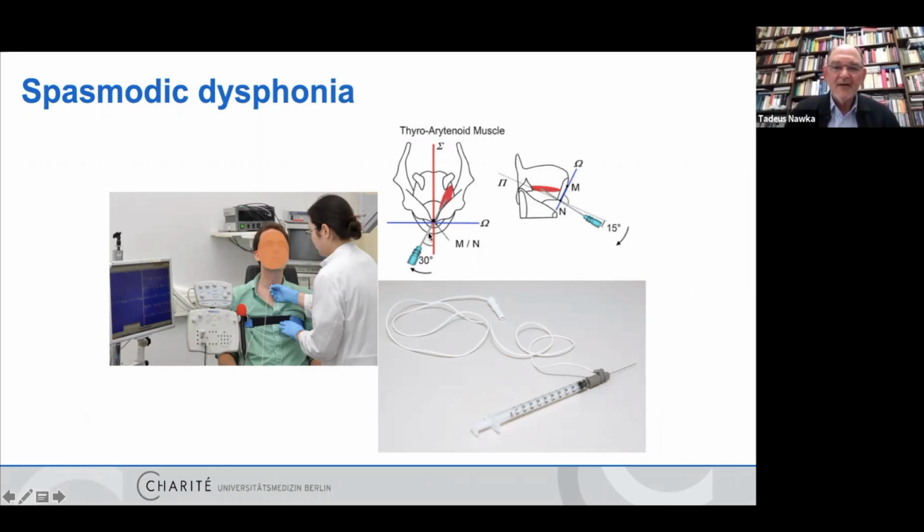We go in the space between the cricoid and the thyroid through the cricothyroid ligament into the muscle, and then we inject the botulinum toxin into the muscle when we receive some summation potential from the muscle during phonation.